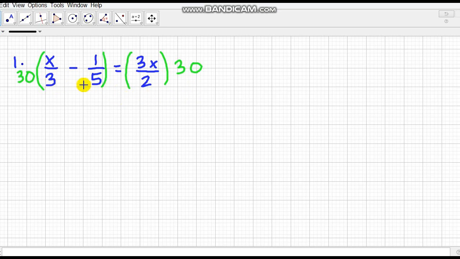Basically, to get rid of the denominators, what we have to do is multiply both sides by a number which can be divided by your denominators. So we distribute the 30 to x over 3 and negative 1/5. And we do the same thing on the right side. So we just multiply. 30 times x over 3 is 30x over 3, minus 30 times 1/5.